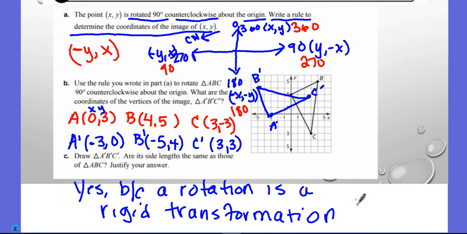But we definitely know that if I rotate it back around and line it up with the original, they would be exactly the same. The side lengths would be the same and the angles would be the same. Rigid transformations preserve the length of the sides and preserve the corresponding angles.